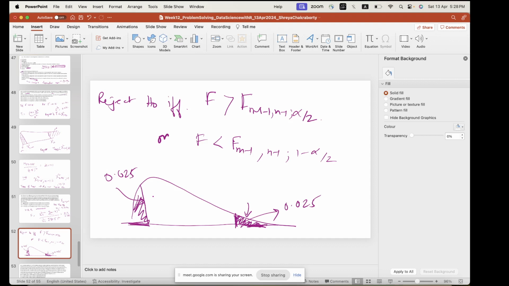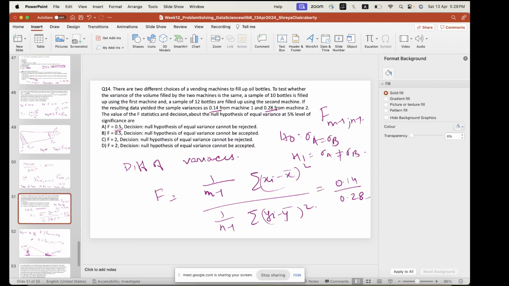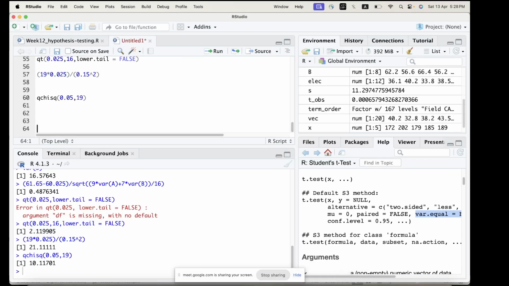Okay, so F we found out is 0.5. Now we'll have to find out this area. So M was how much? 10 bottles and 12 bottles. So M minus 1 and N minus 1 we have to find out. So let us find out QF.